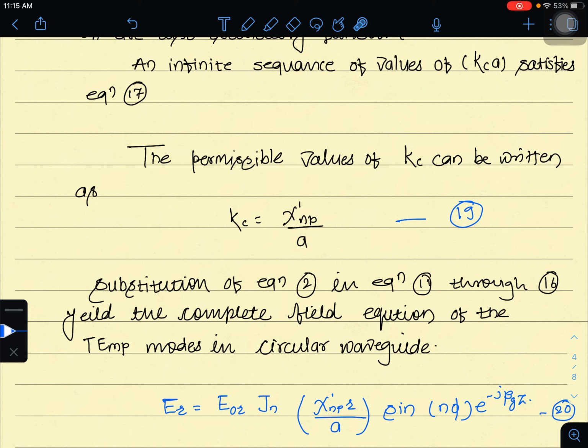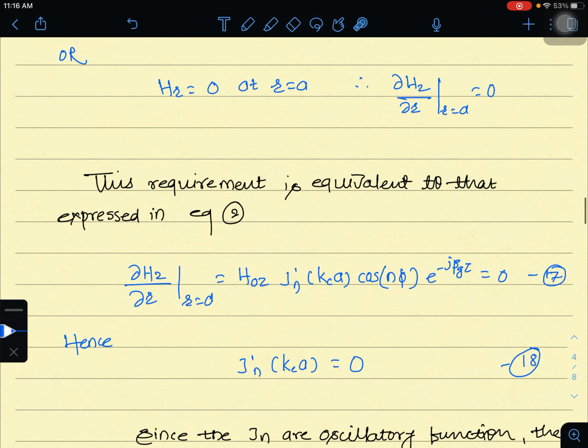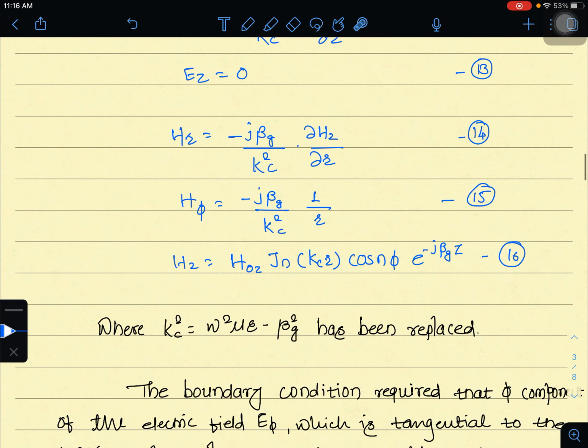Now this value is substituted in equation number 2, in equation 1 through equation number 16. It's without just a confused factor, but I will clear it. Now just put the value of this one in equation.